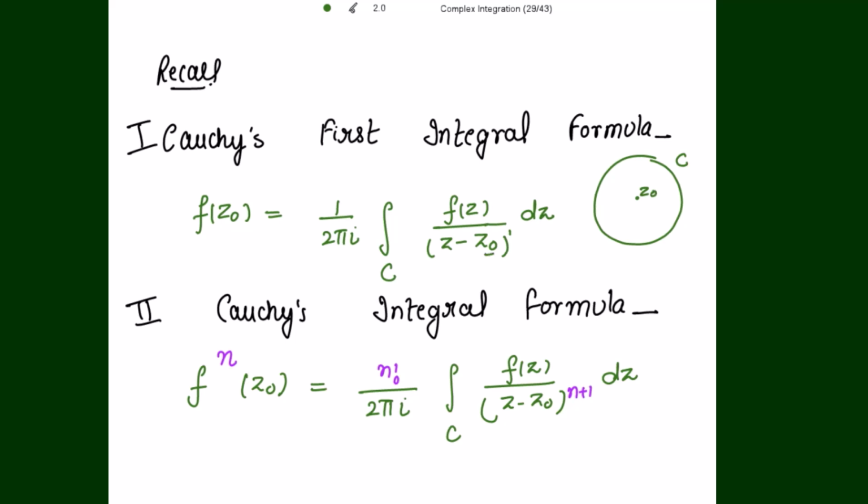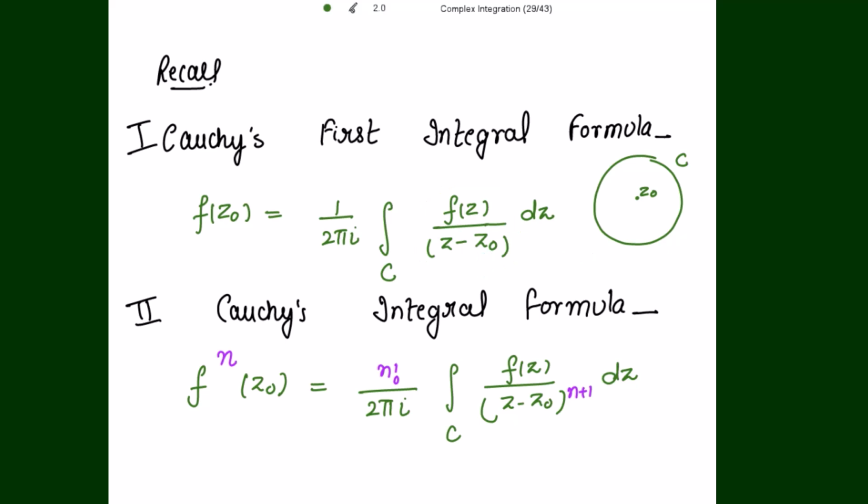What can you say about this point? This is the point at which this complete integrand is not defined, right? So if you put the denominator equal to 0, you get z equal to z0. So if the z0 point lies inside the circle, then we apply the Cauchy's integral formula, right?